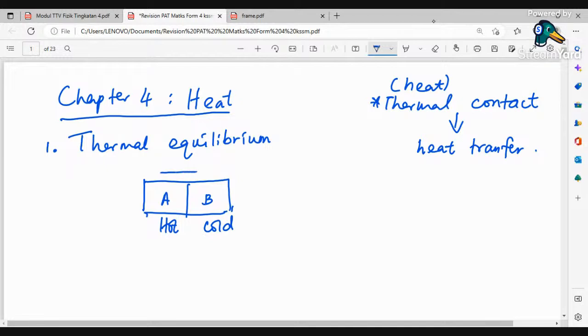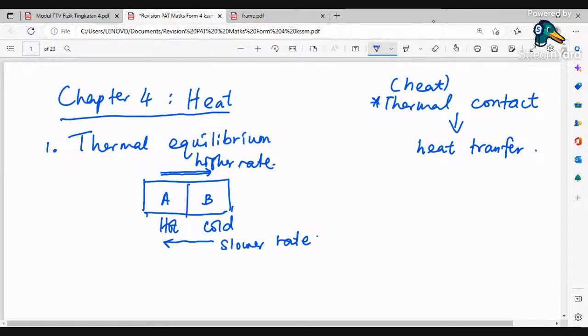Heat will be transferred to B from A at a higher rate, and at the same time, there is heat transfer from B to A at a slower rate. Cold to hot also ada, but slower rate. After some time, maybe a few minutes or a few hours, depends.